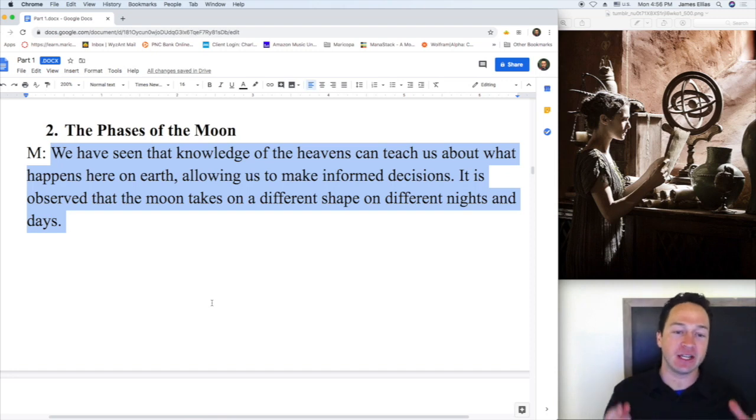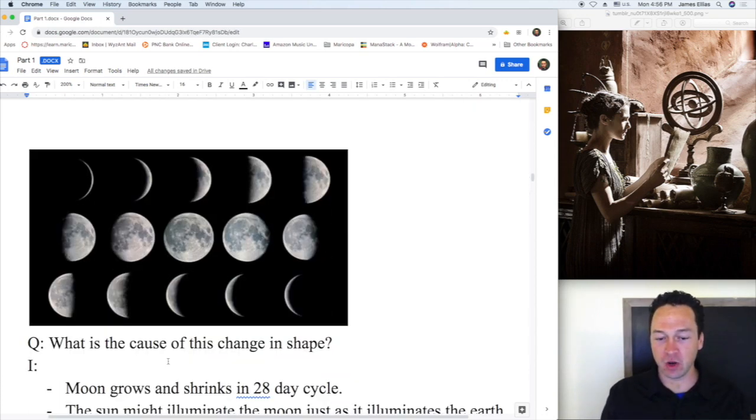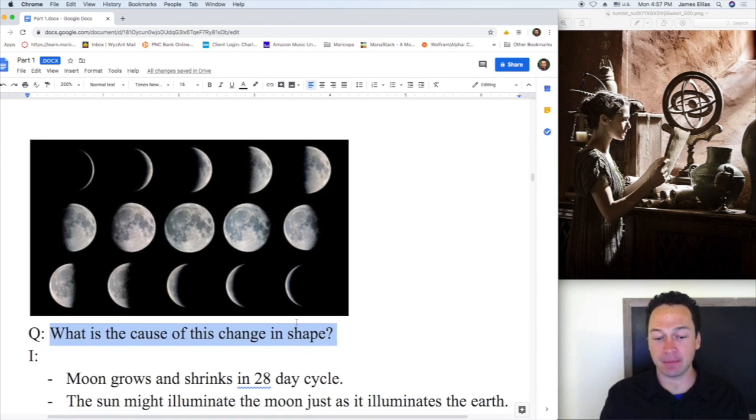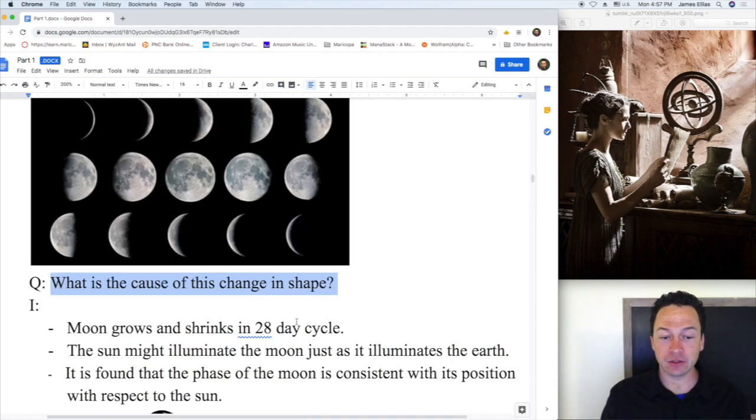What I'm doing in this story is simply stripping it of the mysticism and focusing on the part where people are observing and reasoning. Okay, so the first motivation is, we're interested in what's going on with the moon. So here's the question phase: what is the cause of this change in the moon's shape? So here's what happens. Let's just do a little bit at a time.